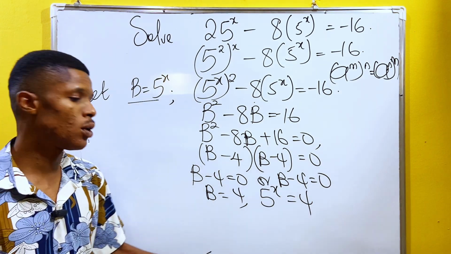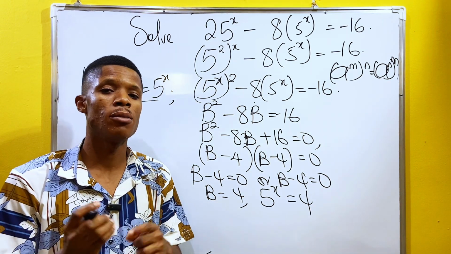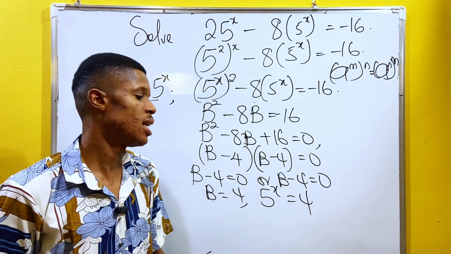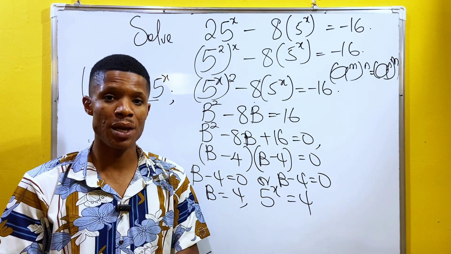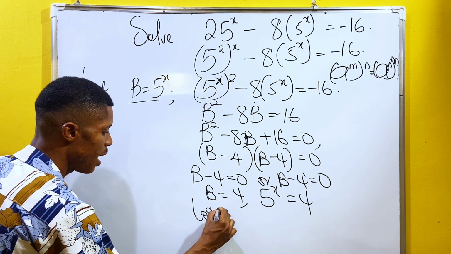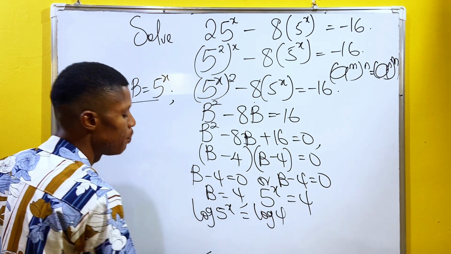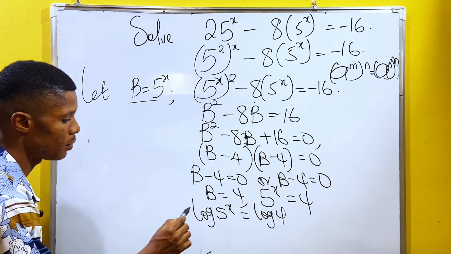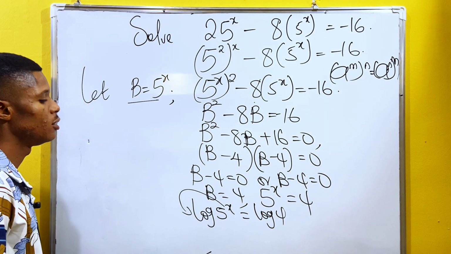Okay? Then for us to find the value of x, we'll now take the logarithm of both sides. Reason is that 5 and 4 cannot be expressed in a common base. So if you take the logarithm, that means log 5 power x is equal to log 4. The reason we did that is that from the laws of logarithm, the x can simply multiply the log.